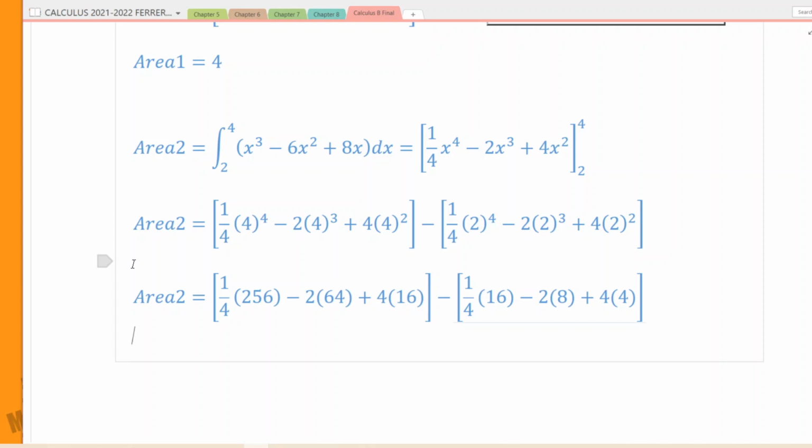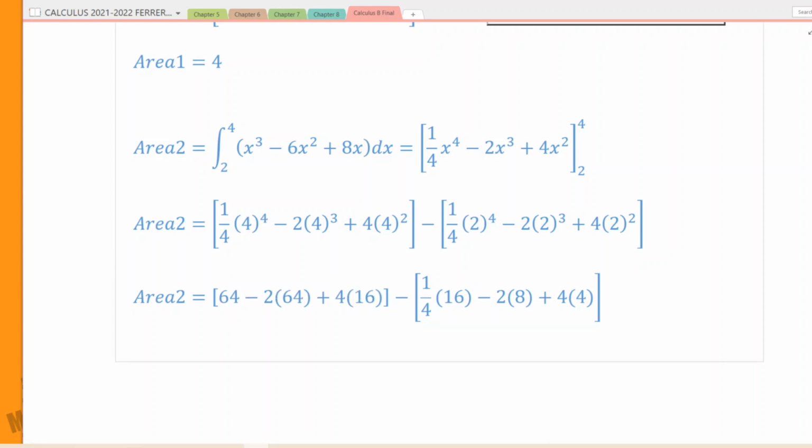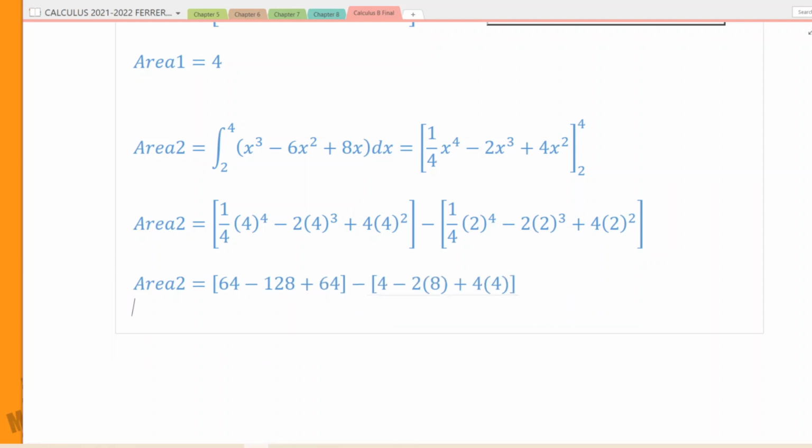Now we'll do all the multiplication. Then we'll do some subtraction. And finally, subtract 0 minus 4. And like we expected, this second integral evaluated to be a negative 4.